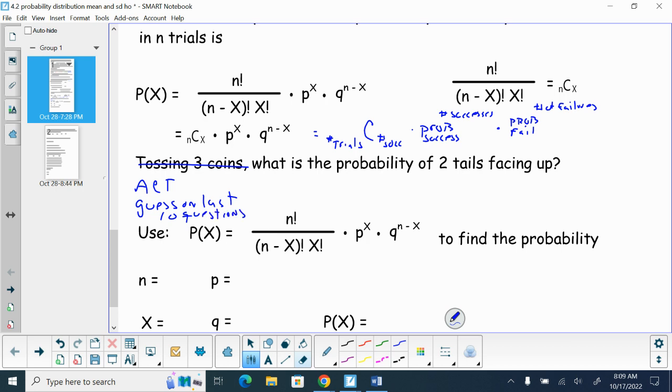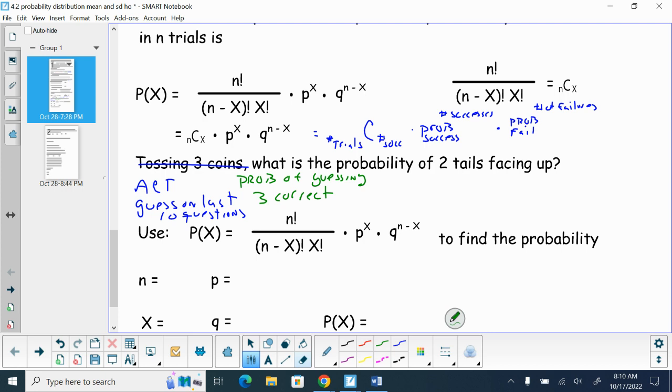We're going to guess on the last 10 questions, and we're going to determine the probability of guessing, let's say, 3 of them correct. Last 10 questions, we want to know what is the probability of guessing 3 of them correct.